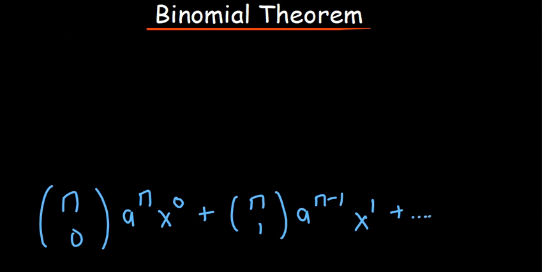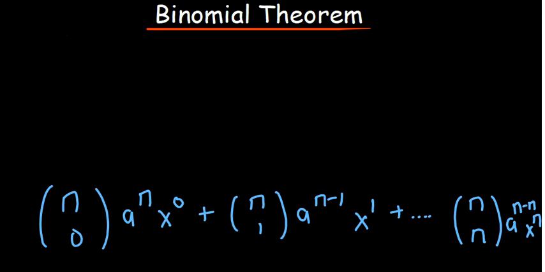And then at the last point you should choose n out of n, and then a will be n minus n, which is 0, and then x to the power n, like that.